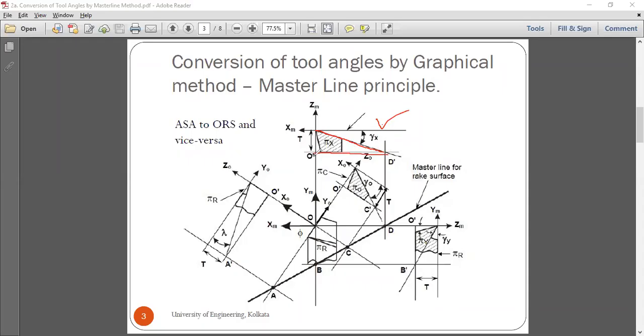So this O dash D is your base plane, and we have extended this rake surface to such an extent that it intersects with this OD line, or the base line, right?